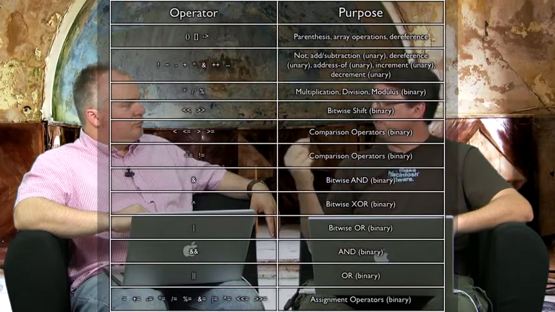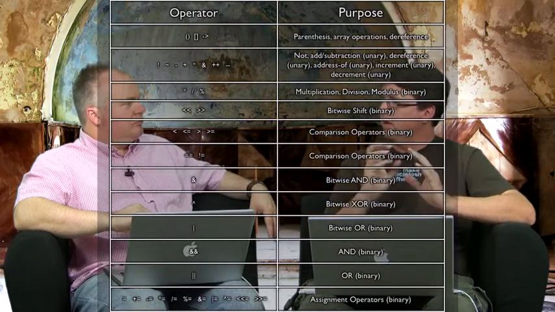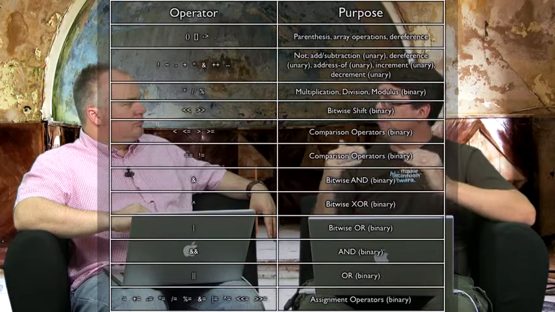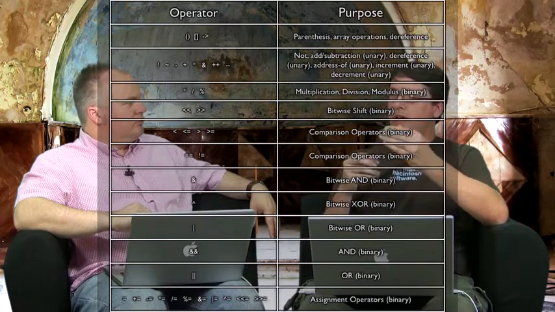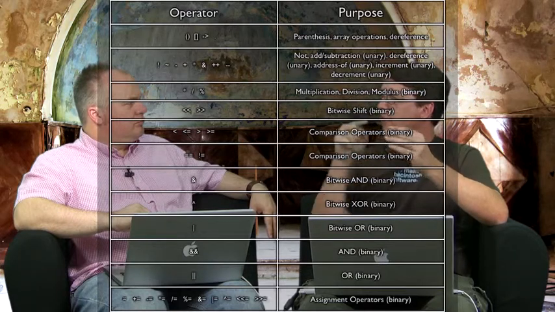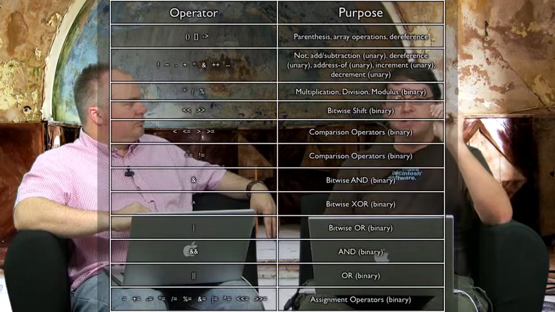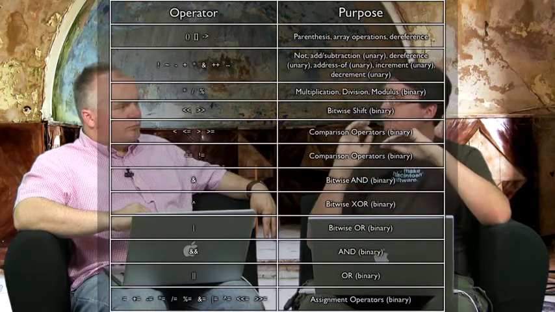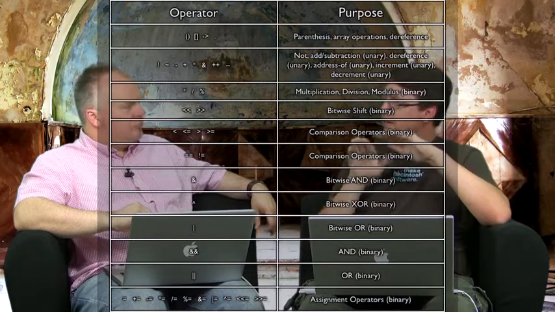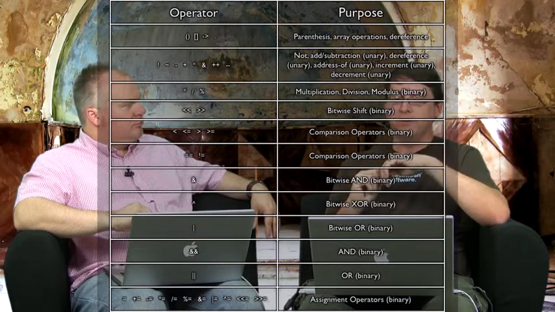There are dereferencing operators for accessing variables off of pointers to structures. For example, if you had a pointer to a structure and you wanted to access one of its member variables, there's an arrow operator, the hyphen greater-than sign, shown here in the first row. That's a dereferencing operator to get to those member variables.